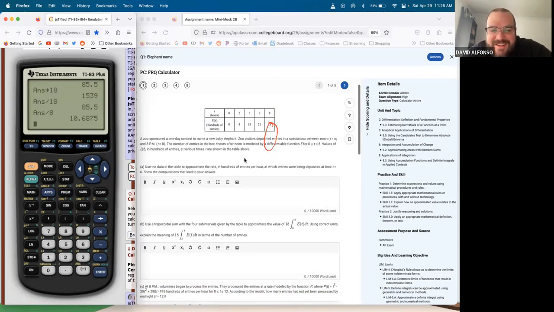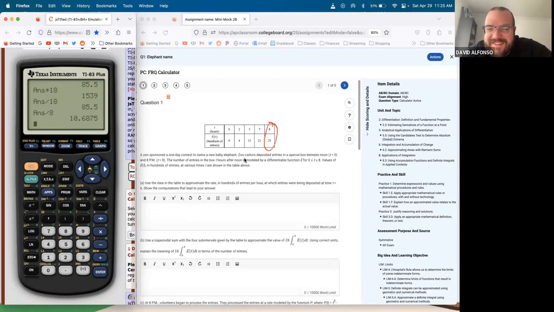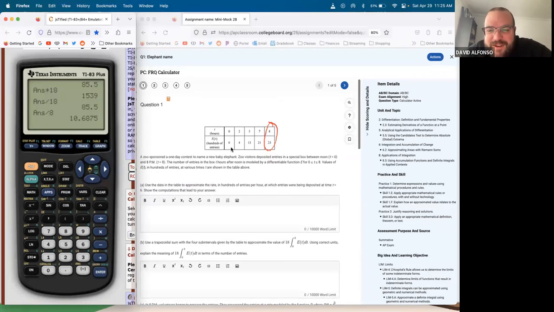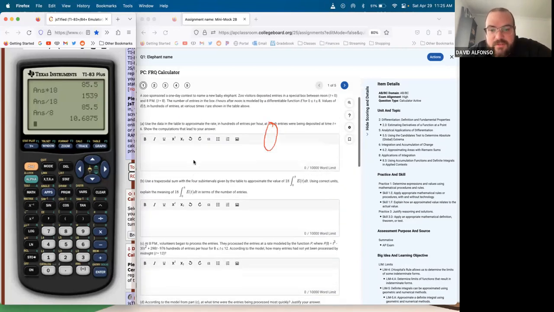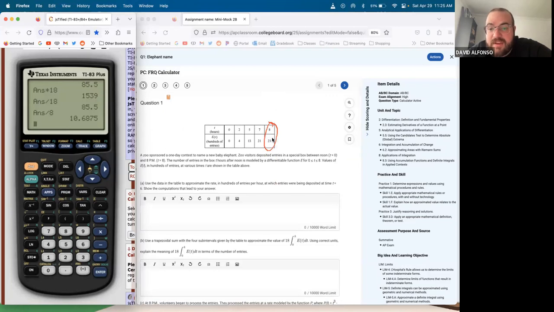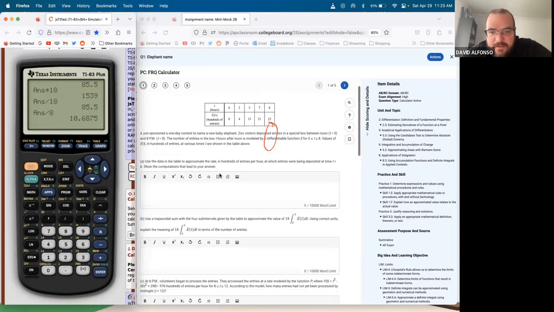They could come up with something more interesting. But okay, so after 8 hours, there are 23 elephant entries. I think that's going to be important because now they're going to process the entries. So basically, you're going to find out how many entries did they process and subtract that from 23. I can tell that that's where this is heading.